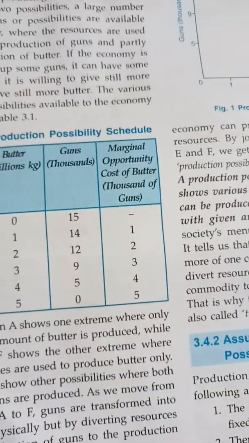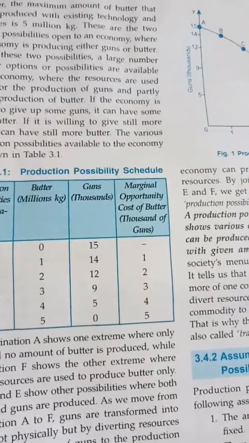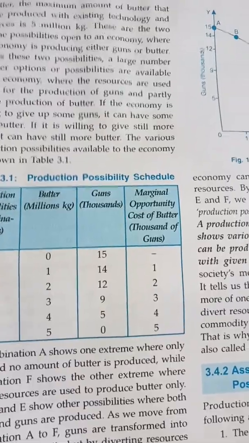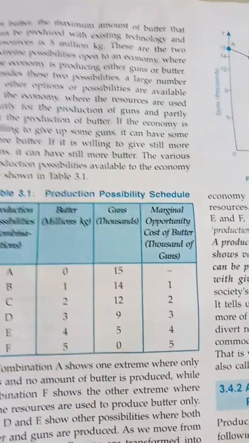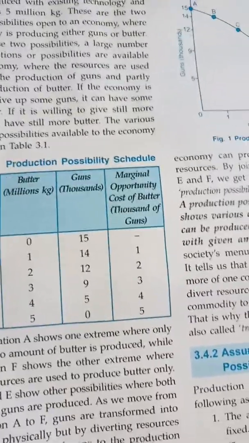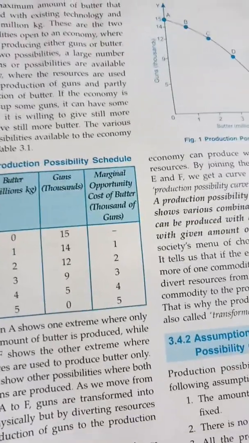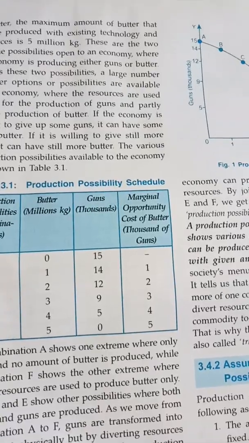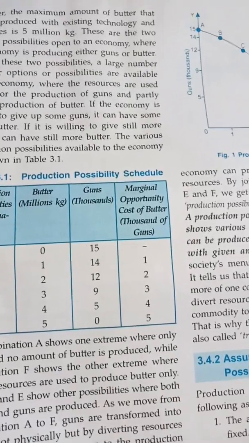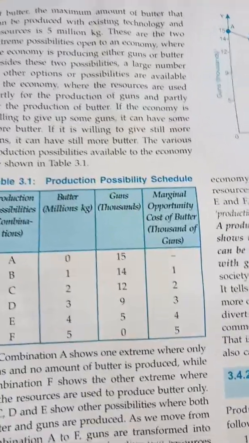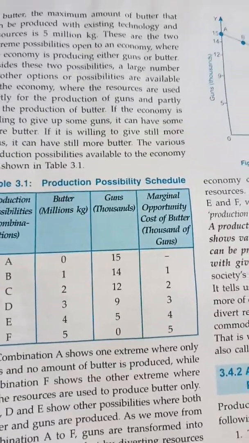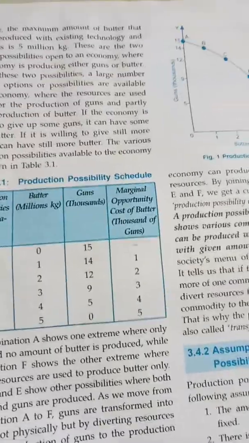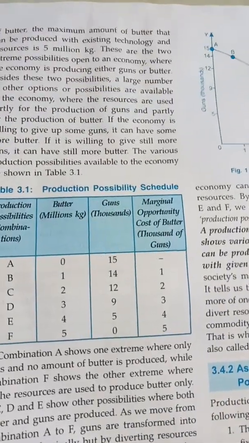This is because initially the resources were employed or trained to produce guns, and then gradually those resources are transformed from the production of guns to the production of butter.